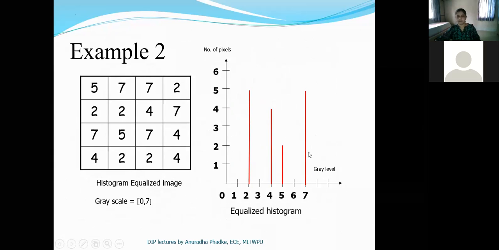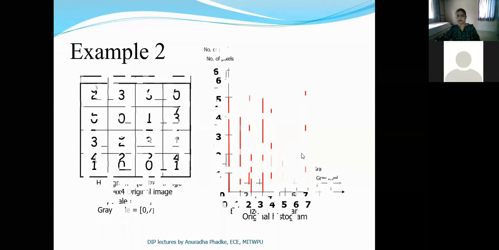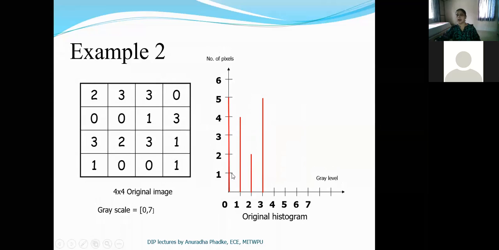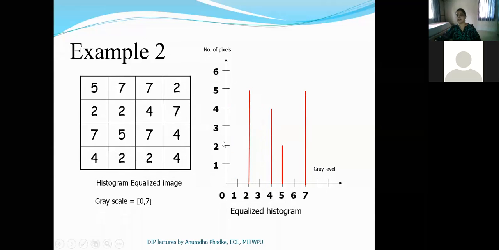If you compare this equalized histogram with the original histogram, now your new histogram is spread over a greater dynamic range and it is approximately uniform.